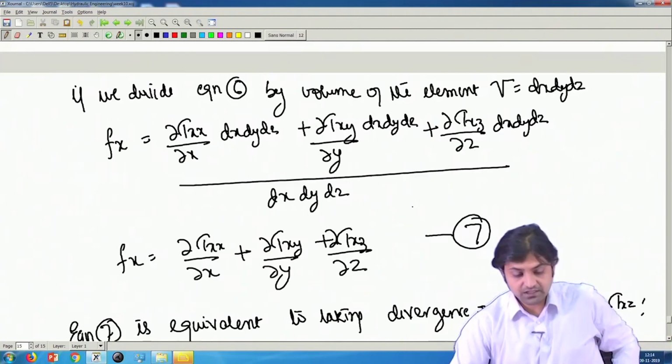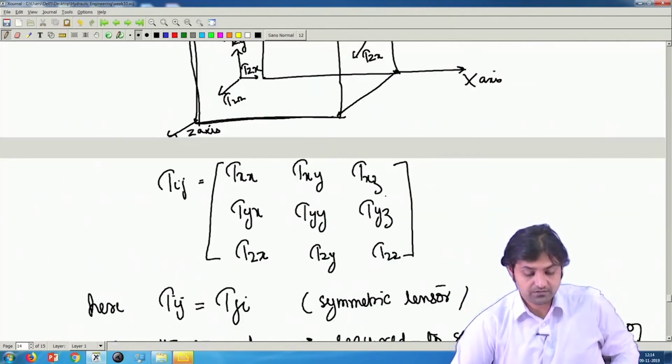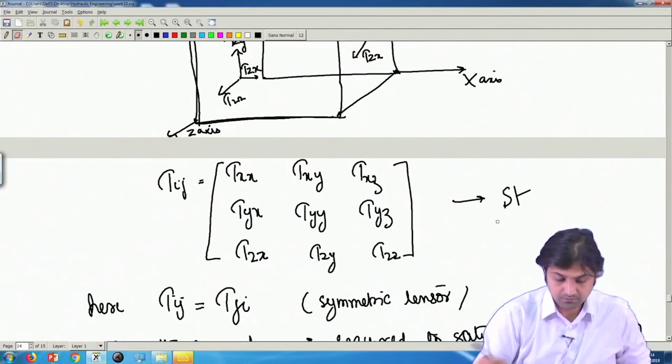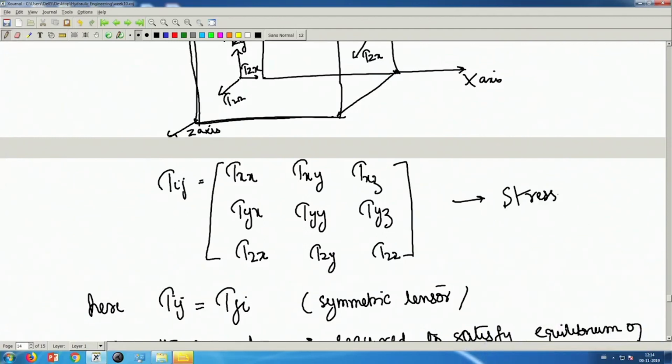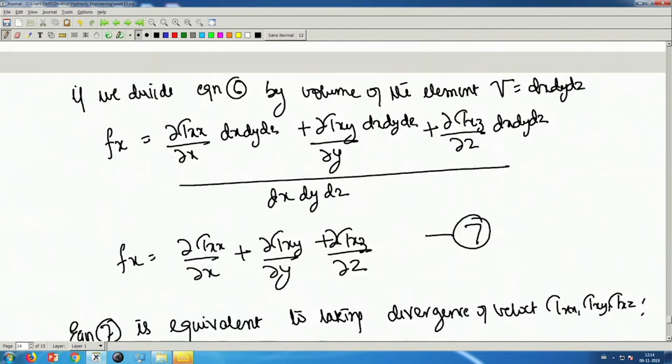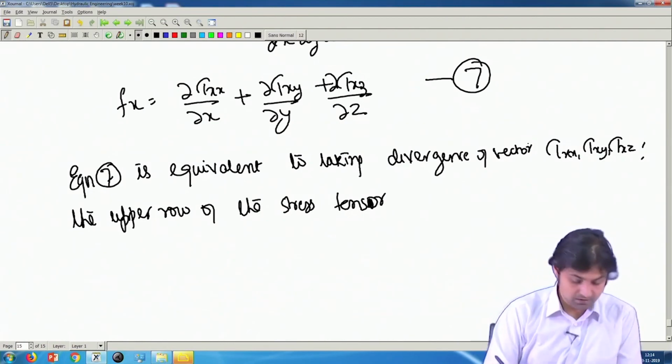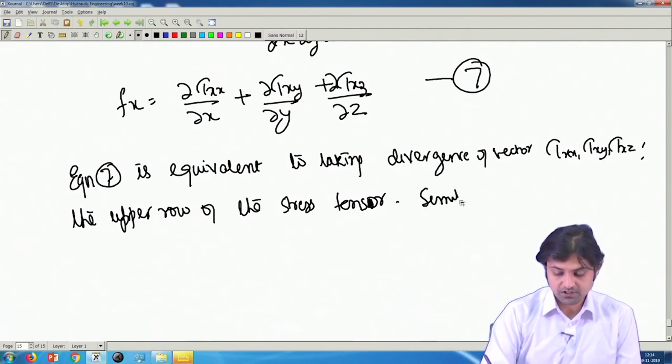The stress tensor is the tensor that we have written here. So this is equivalent to taking the divergence of this vector, like the divergence of a velocity vector, but here for the stress tensor.